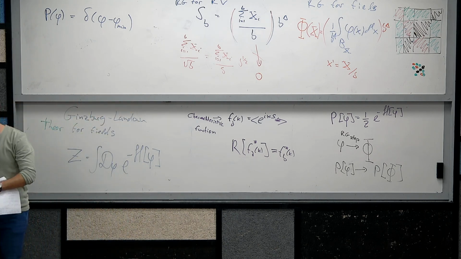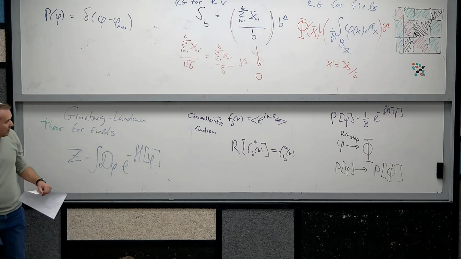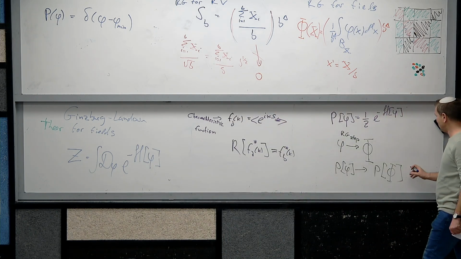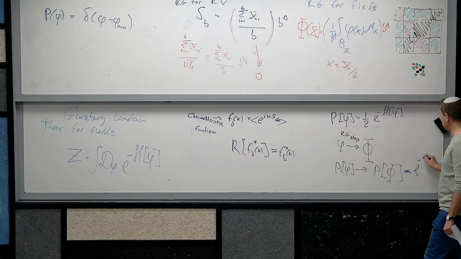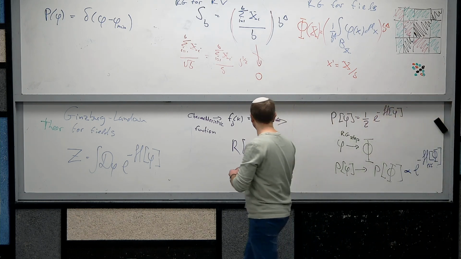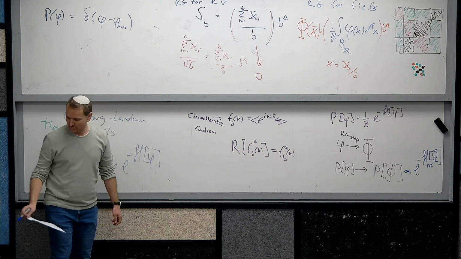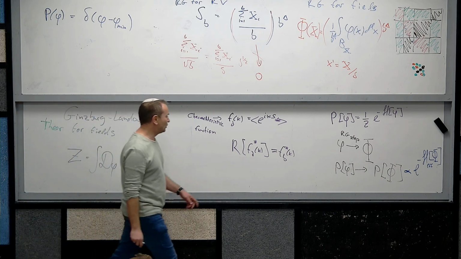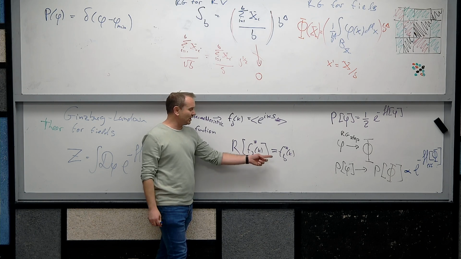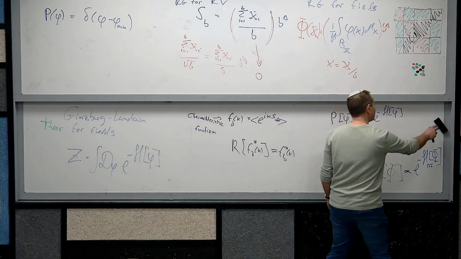Now, this probability of Phi is going to be proportional to e to the power minus some H effective of Phi. So here, with the RG step, you operate on the characteristic function and you get exactly the same characteristic function.